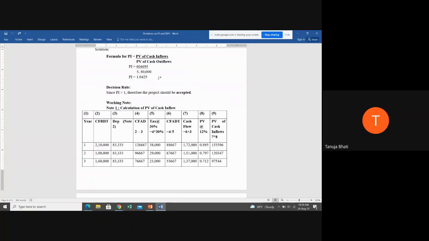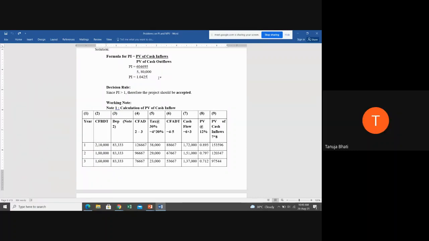So can you all calculate NPV and tell me? What is the formula to calculate NPV? PV of cash inflow minus the PV of cash outflow.